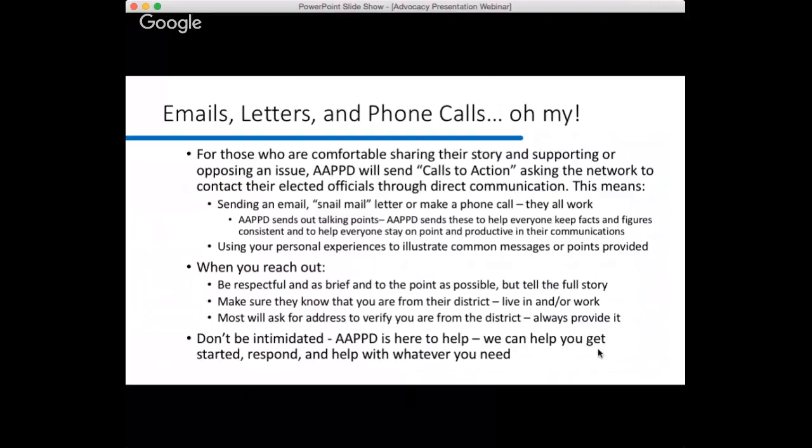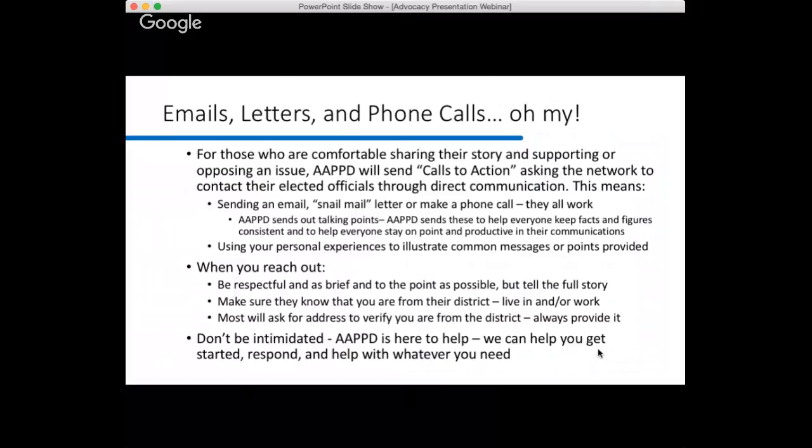So in addition to the request to speak system, the most common call to action that you will hear from us is on emails, letters, and phone calls. And so those who have read and acted on the APAD calls to action, we will often reach out with certain talking points and ask you to reach out to a specific set of state legislators or your own state legislators, and either send an email, make a call, or send a letter, depending on what you're most comfortable with.